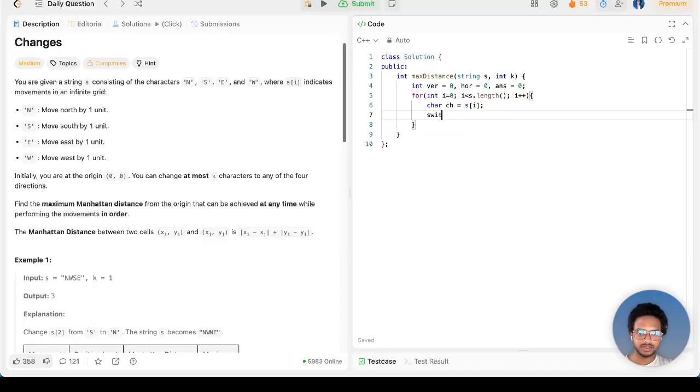I use switch for the character. If the case is n, what will I do? Vertical plus plus and break. If the case is s, I will do vertical minus minus in it.